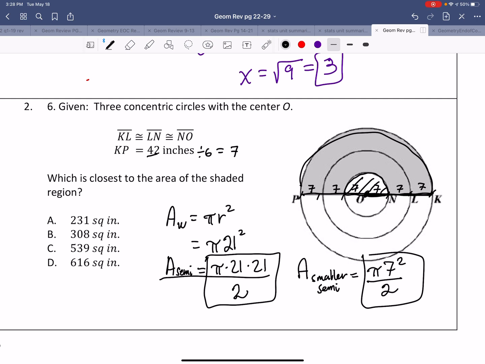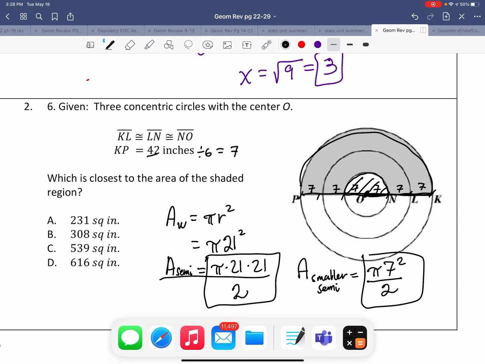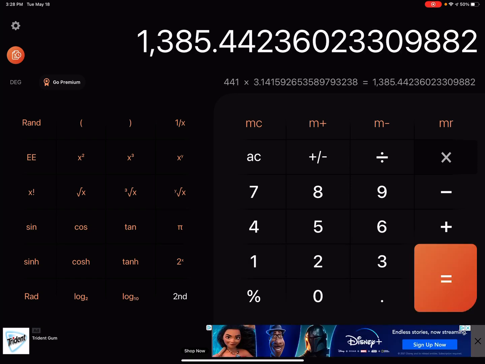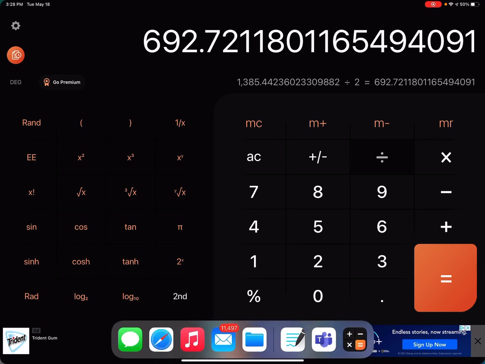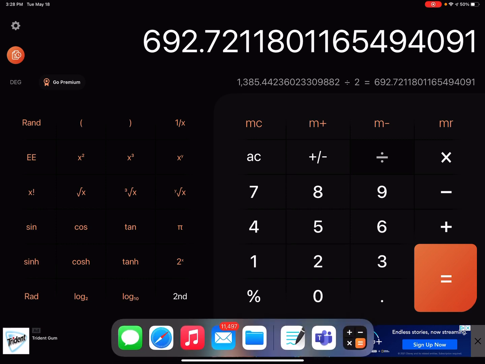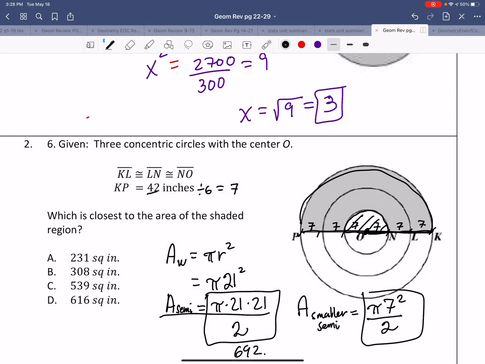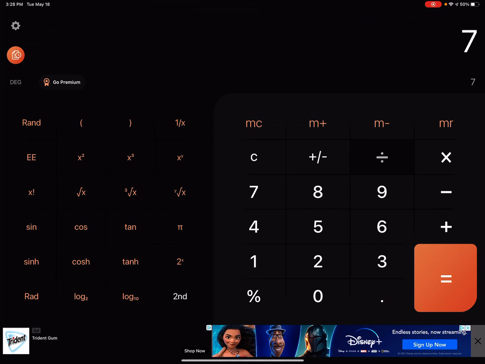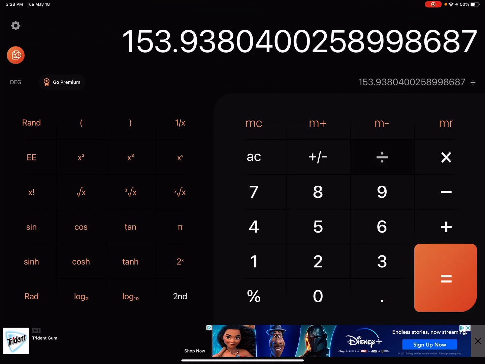So I got 21 times 21 times pi divided by 2, 692.7. And I'm going to subtract 7 times 7 times pi divided by 2.